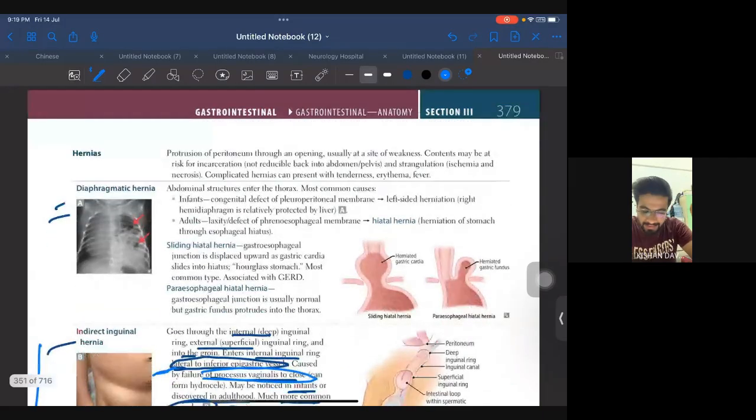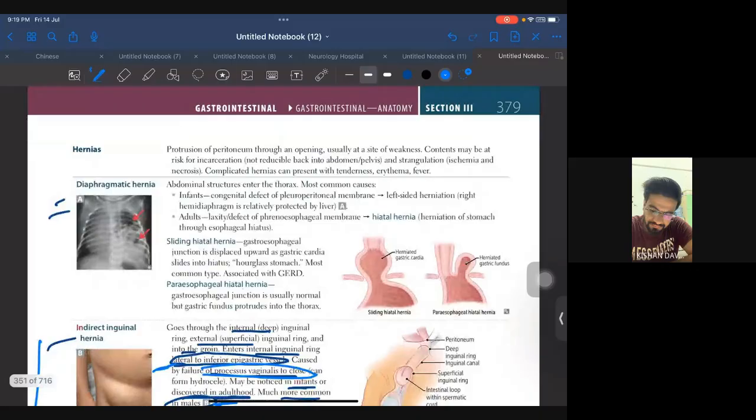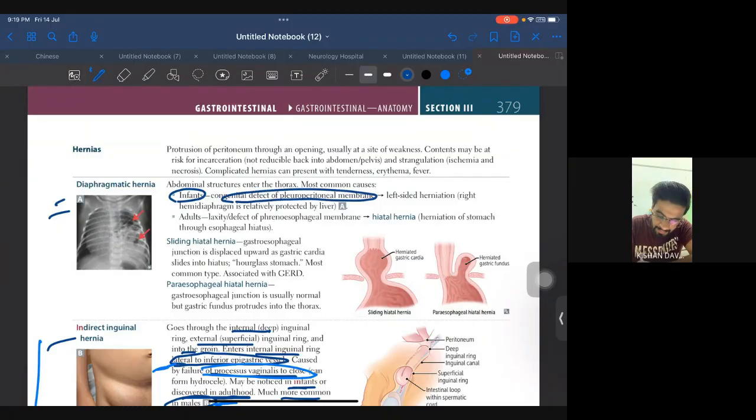Now let's just quickly see the diaphragmatic hernia. They don't frequently ask this, but let's just see. If it is in infants, we did this in the respiratory system: congenital defect of pleuroperitoneal membrane, left-sided herniation. So what will happen? All the intestinal contents will be seen on the chest X-ray. In adults, laxity or defect of phrenoesophageal membrane, hiatal hernia, so herniation of stomach through esophageal hiatus.